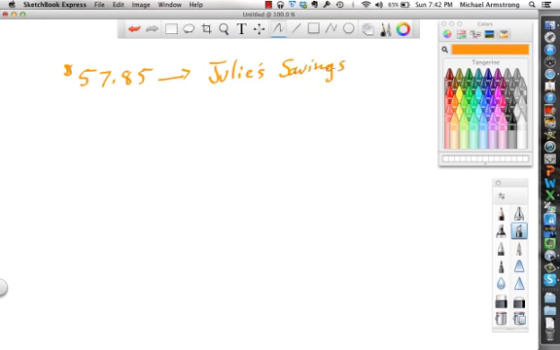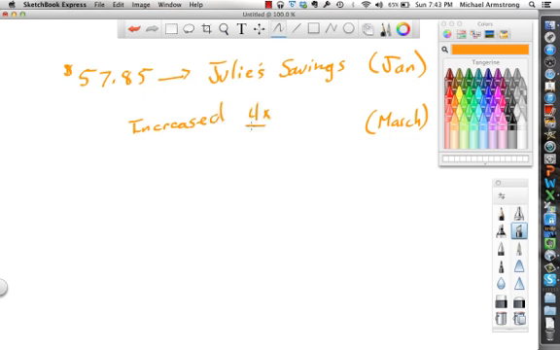And sometimes it's nice to write that down. In January. Okay, so this is in January. Now by March, her balance is 4 times as much as her January balance. So by March, it has increased 4 times.